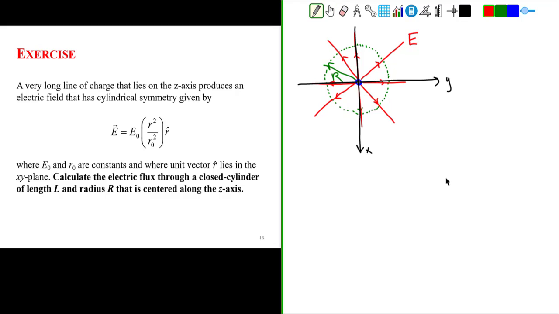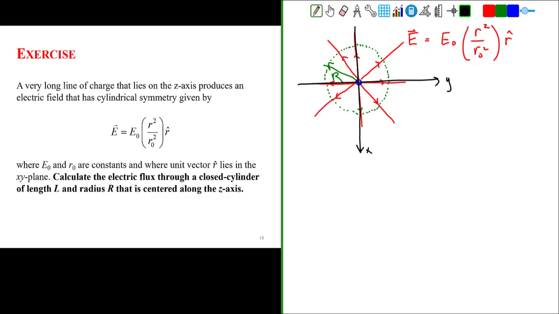Our goal is to evaluate the electric flux due to this line of charge, where the electric field is given by E equals E naught times the quantity R squared over R naught squared times the R hat unit vector.